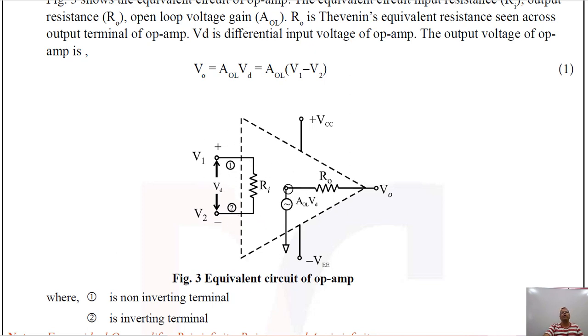We have a voltage dependent voltage source on the output side, and the output resistance. On the input side we have a high resistance. Ideally this input resistance Ri is infinite and the output resistance is 0.